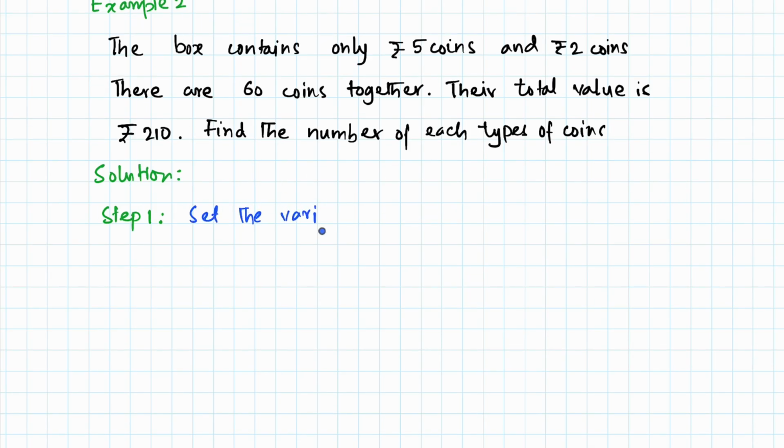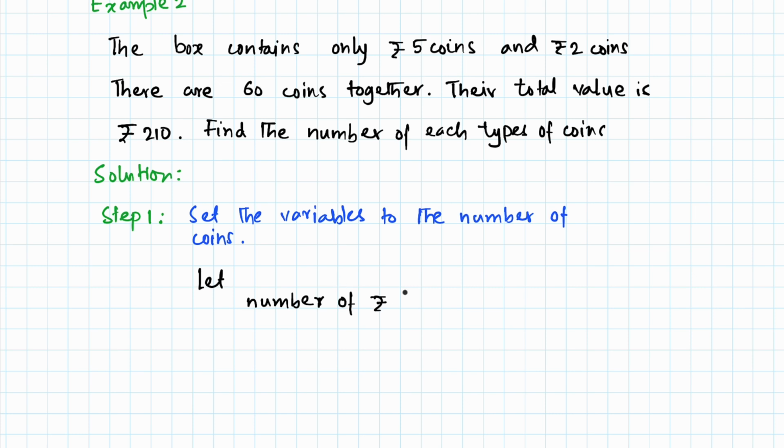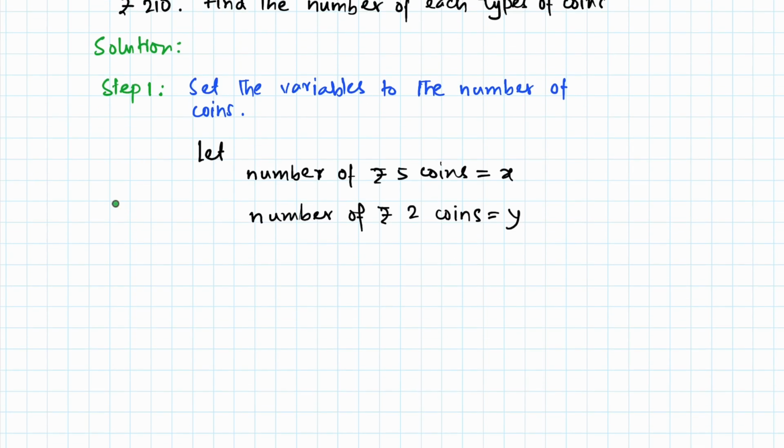Let's see how we will arrive at the answer. Step number 1, set the variables for the number of coins. Let the number of rupees 5 coins be x and the number of rupees 2 coins be y. Now step number 2, we'll first frame the first equation using the number of coins.